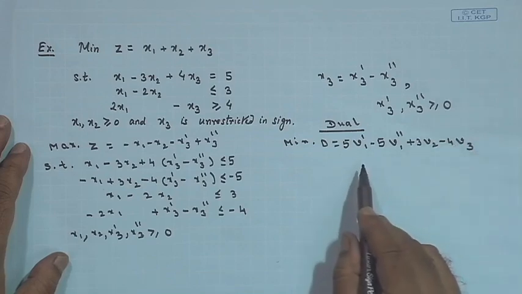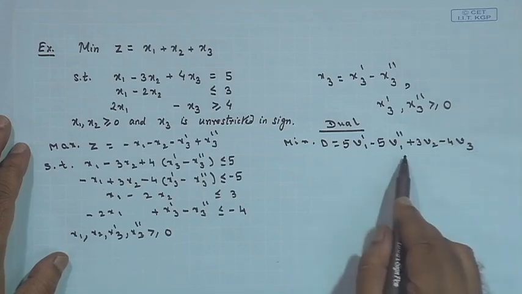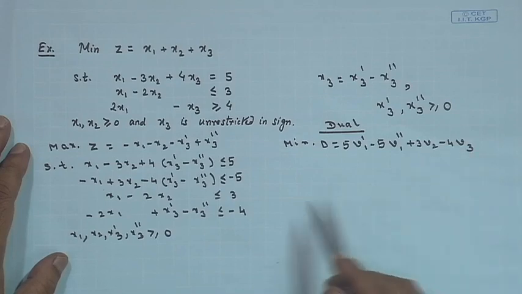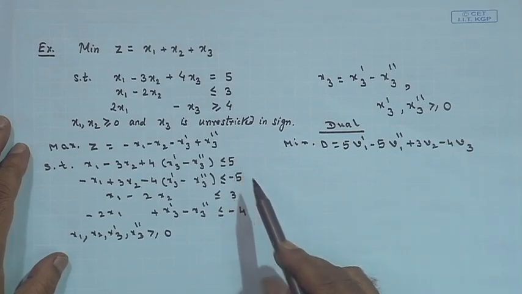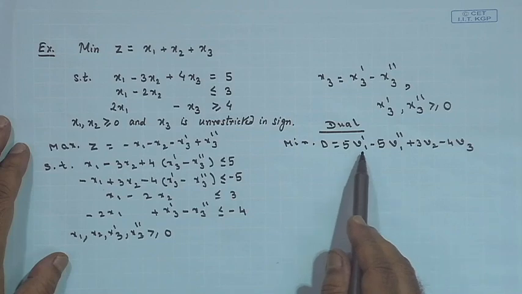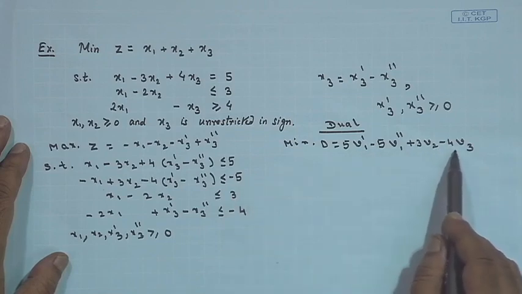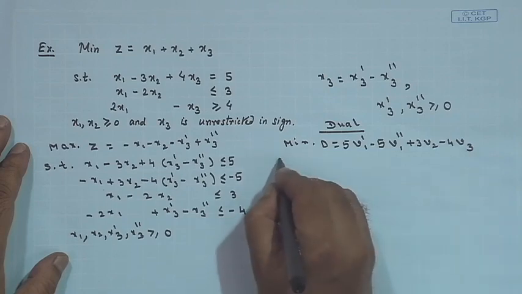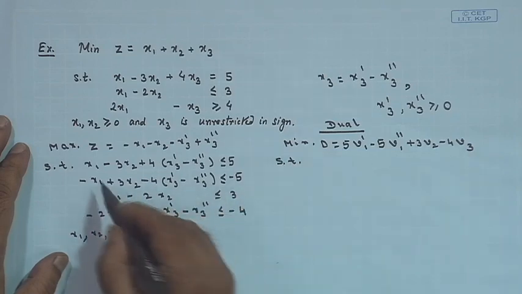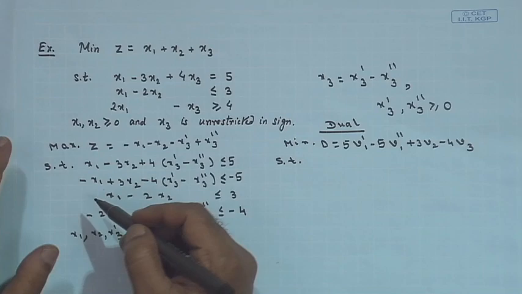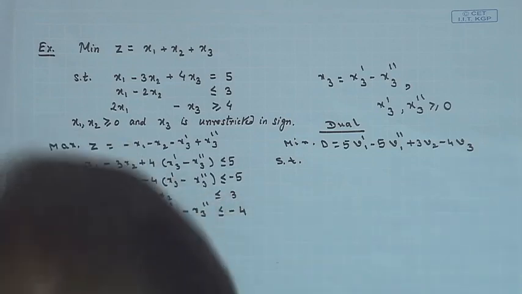So I have 4 variables v1 dash, v1 double dash, v2 and v3, corresponding to the constants. Subject to, I have to take the coefficients corresponding to x1 first.